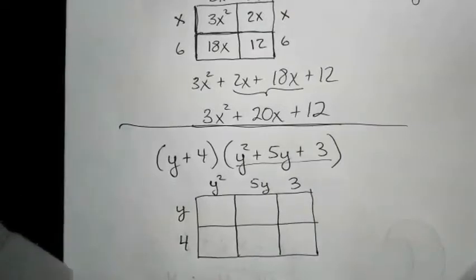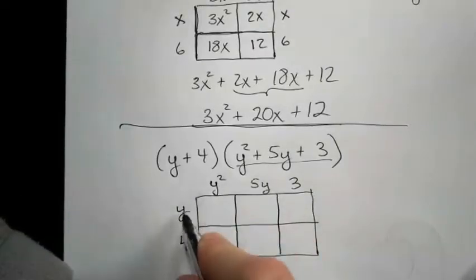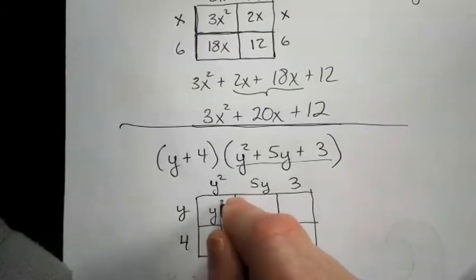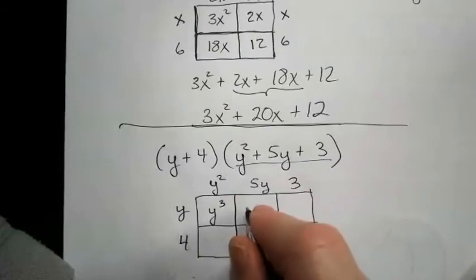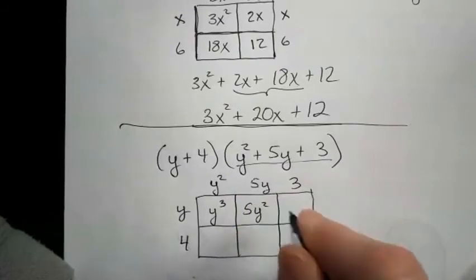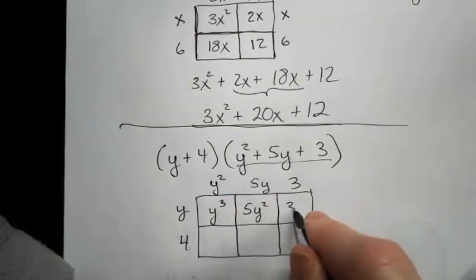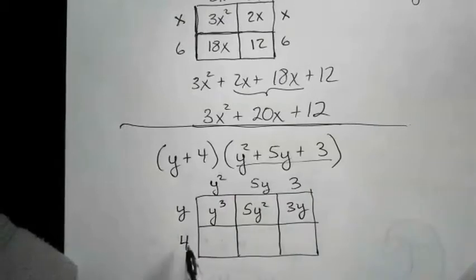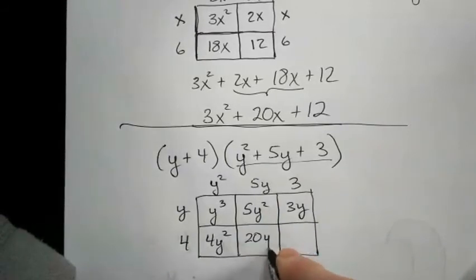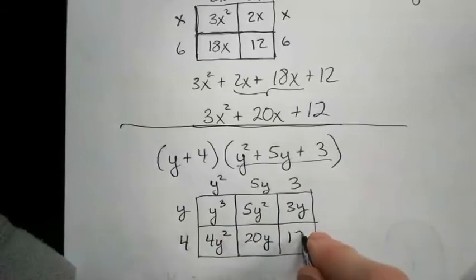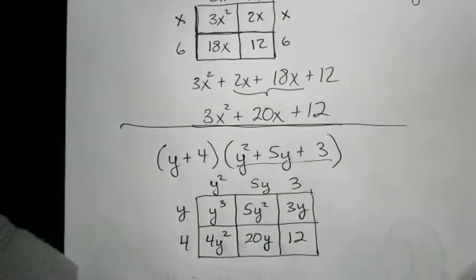And now I do the same thing I did before. Multiply y and y squared, that's y cubed. You add the exponents. 5y times y is 5y squared. And 3 times y is 3y. Then I multiply all these by 4 to get the area of these rectangles. 4 times y squared, 4 times 5y, 4 times 3.